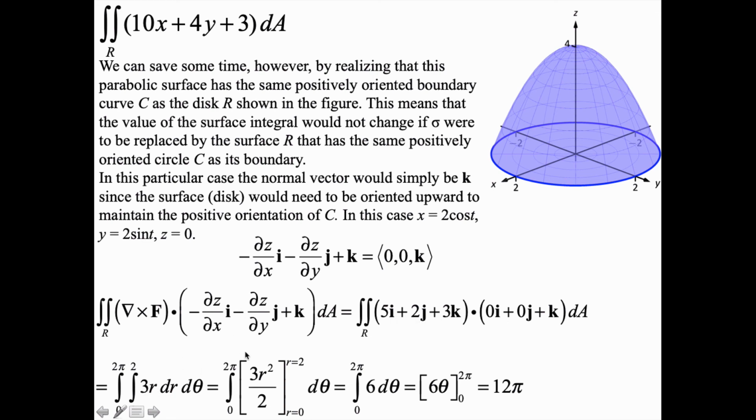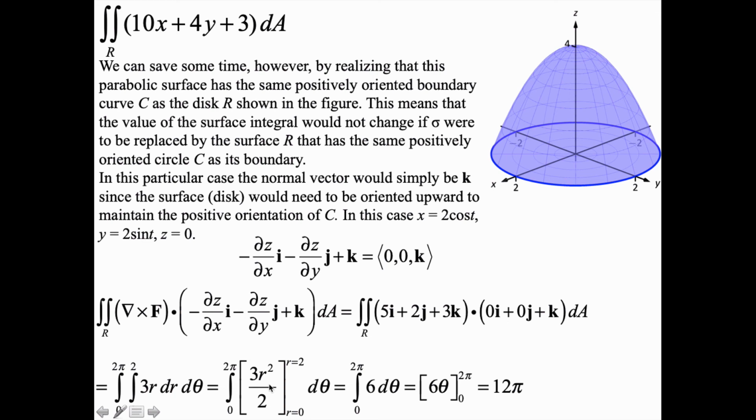Switching to cylindrical coordinates, 3, what's left? We have 3r dr d theta. If you think about that, 5 times 0 is 0, 2 times 0 is 0, 3 times 1 is 3. r dr d theta comes from the Jacobian of cylindrical coordinates. Now, this is a lot easier than the line integral we evaluated earlier.